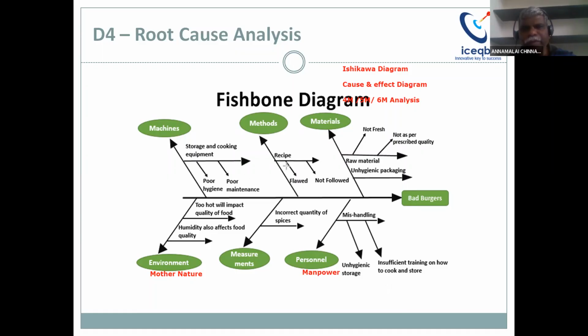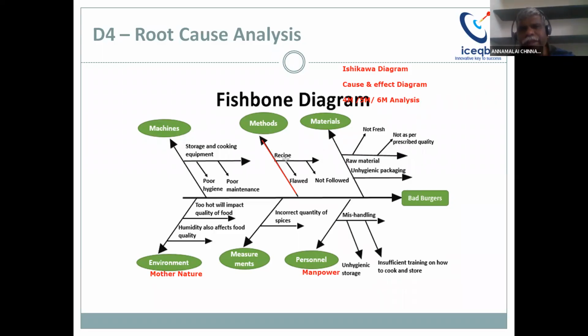And then if you want to again find out what is the problem with the recipe, the recipe was either flawed, that is, originally not correct, or the second thing is it is not followed. The original recipe was given correct, but that was not followed properly, right? So the first categorization comes from any one of these 6 reasons. That is the first categorization.